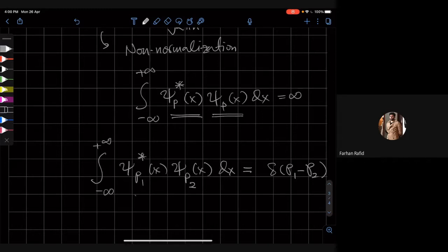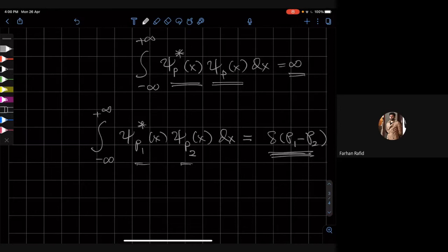When p1 is equal to p2, of course it's infinity, as we saw here, but it's infinite in a particular way. And when they're not equal to each other, you can show that it's zero. That's pretty easy to show. Okay, so this is called an orthonormality condition.